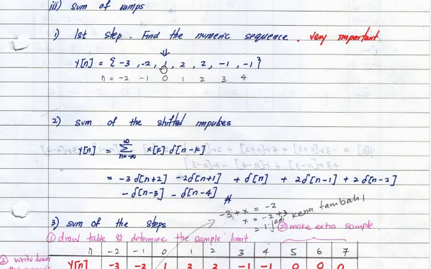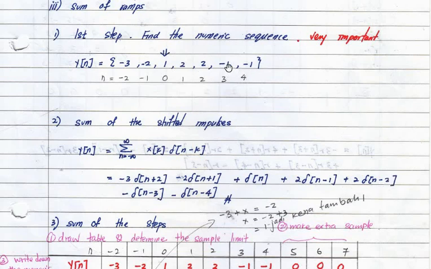Next one is at the origin, where the amplitude is 1, so you have delta n. Then the amplitude is 2 at the location n equal to 1, so 2 delta n minus 1. The amplitude is 2 again at location 2, so 2 delta n minus 2.